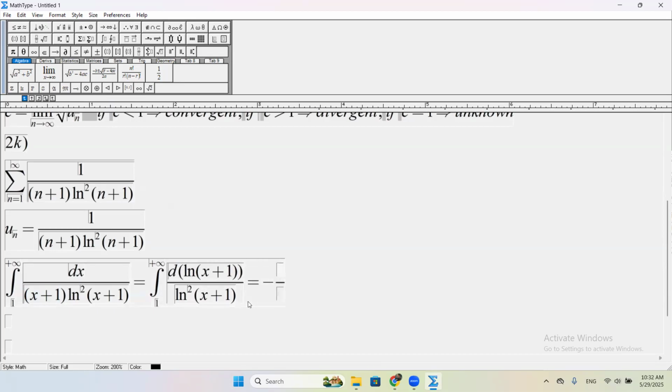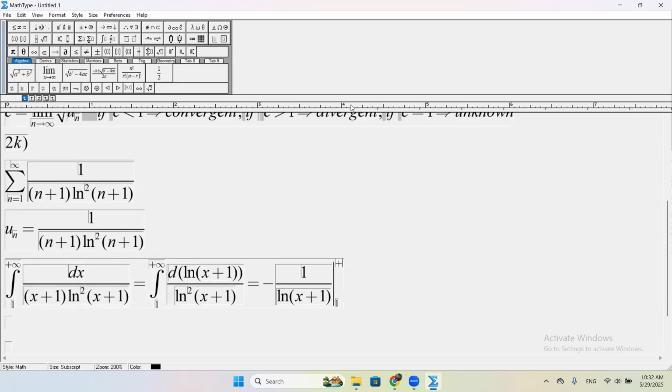And we have 1 over the logarithm of x plus 1, with the substitutions from 1 to plus infinity. Substituting infinity, we receive 0. If I substitute 1, I receive 1 over logarithm of 2. So the integral is convergent, which means the series is convergent as well.